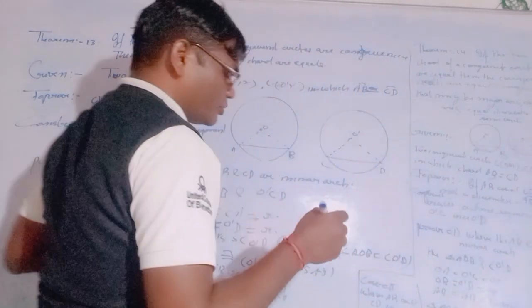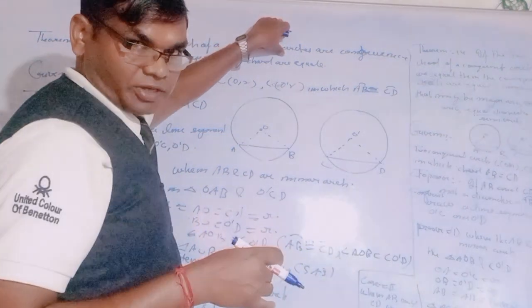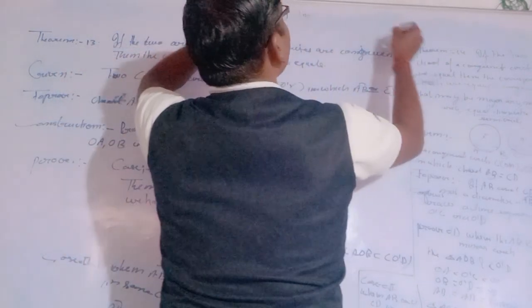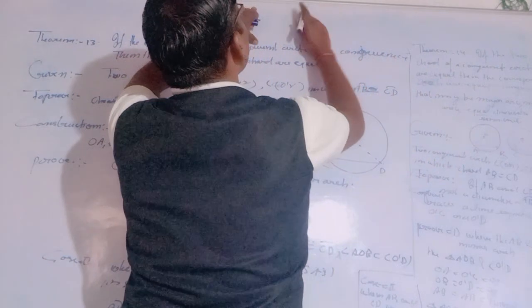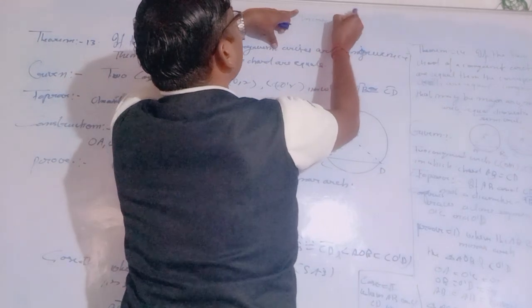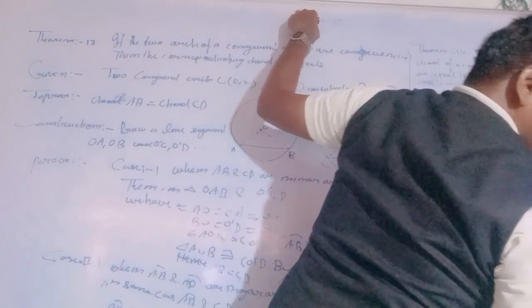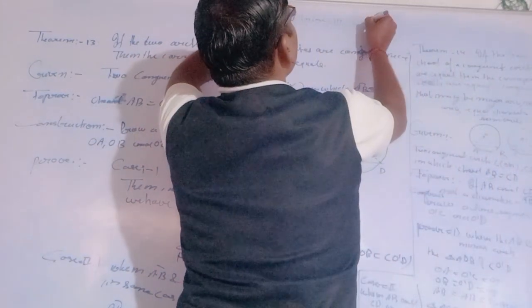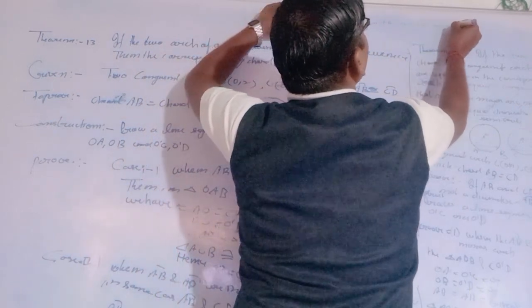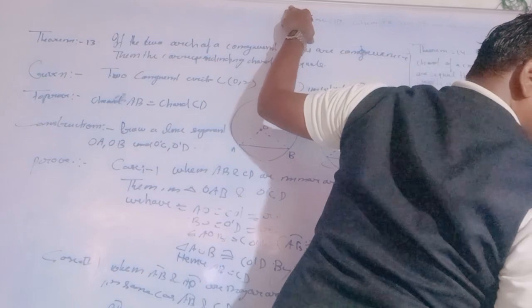Now the third case. What is the third case? Suppose that in the third case, AB and CD are semicircles.